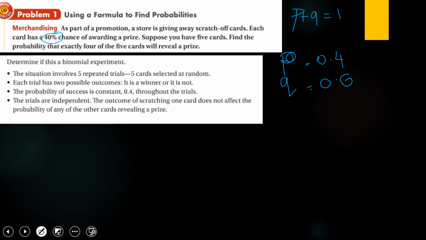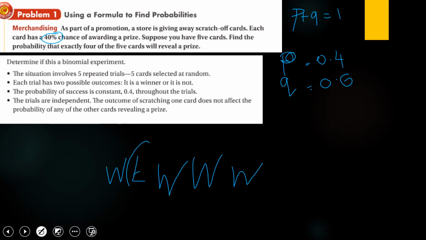The second one, suppose you have 5 cards. Now imagine you have 5 cards. So they are independent. Why? Because I have the first card. If I scratch it, I could win. When I scratch the second one, I could lose. When I scratch the third one, I could win, then win, and so on.